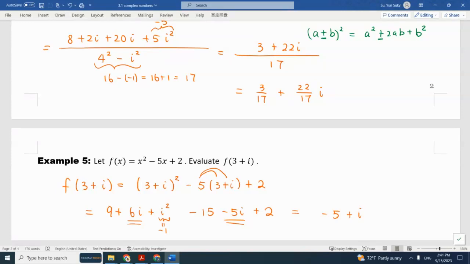Okay, everybody? So for a power function, you just multiply more. But if they give you x cubed, then you know x cubed is x squared times x, right? So you have this 9 plus 6i plus i squared, which is minus 1, so it's actually 8 plus 6i. We agree? And then that one is multiplied by x again, 3 plus i.